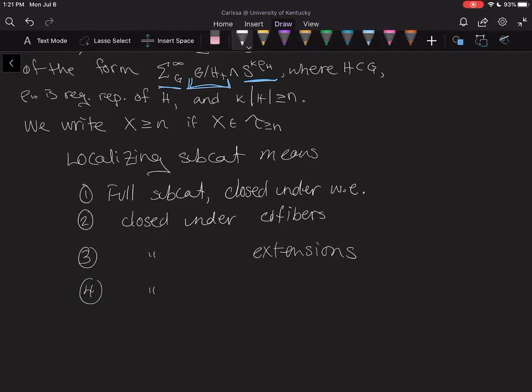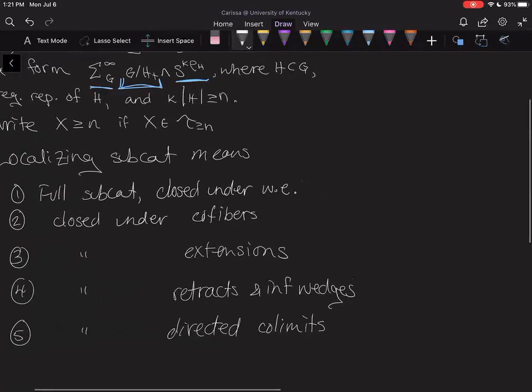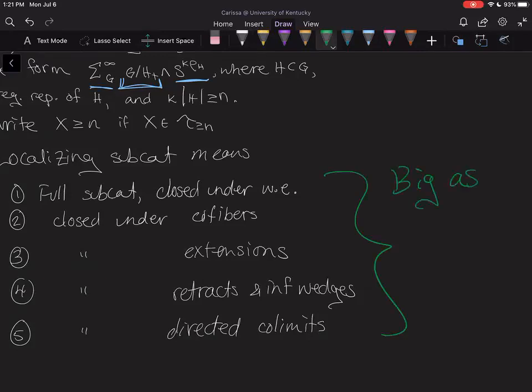It's closed under retracts and infinite wedges. And finally, it's also closed under directed colimits. So this is a lot to ask, but the reason we ask for that is that it's great for calculations. Most of the things that I would want to do, I can do because I have these properties.